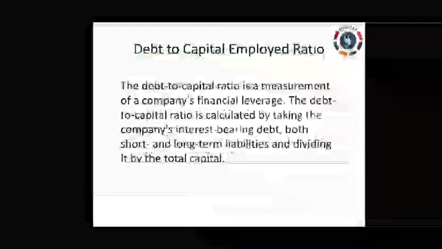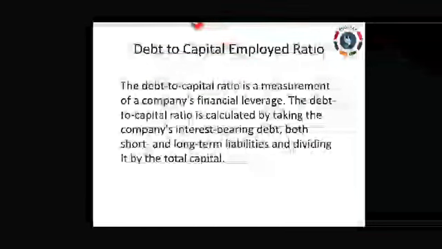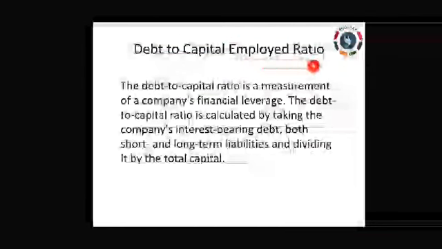So next, debt to capital employed. Here it covers both short term and long term liability. Debt to capital employed helps to find whether the company is in a position to pay both its short term and long term liabilities. So always it focuses on capital.